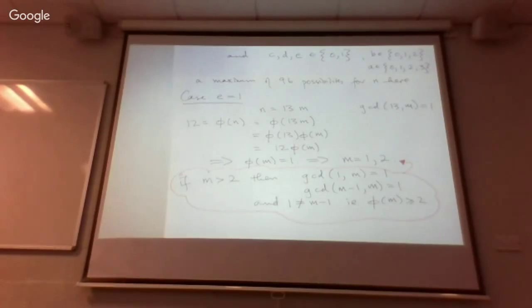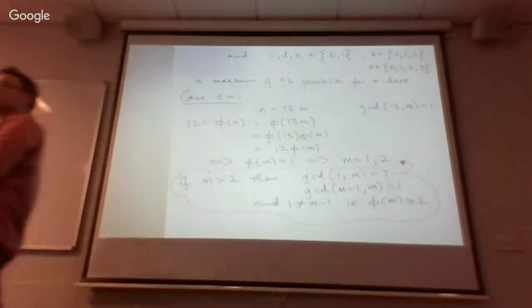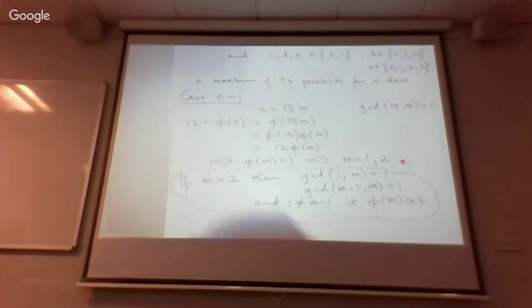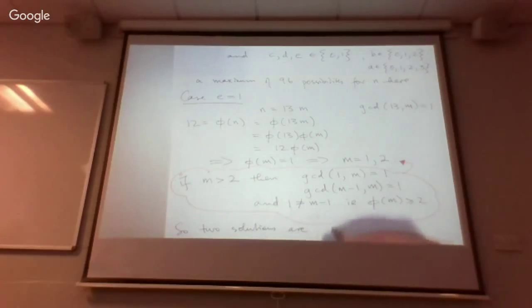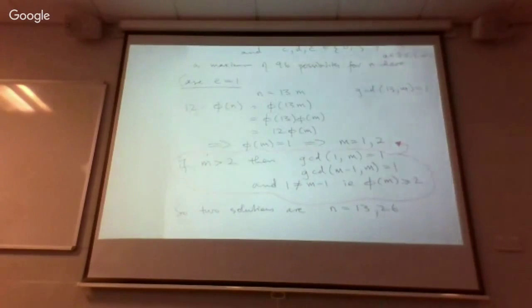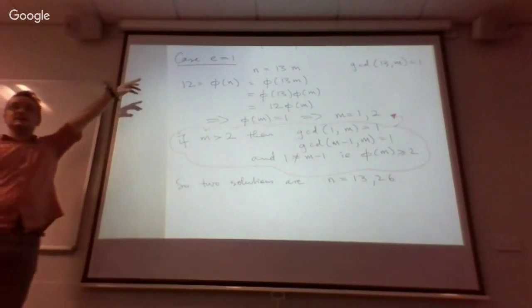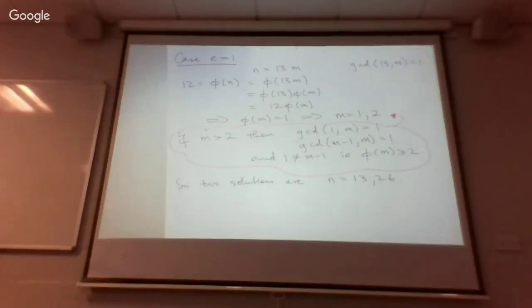So this gives us 2 solutions, the 13, which you found at the very beginning, but we also see m equals 2 as a possibility. So also 26 is a possibility. The two solutions are n equals 13 and 26. Okay, well, that's fully dealt with the case e equals 1.